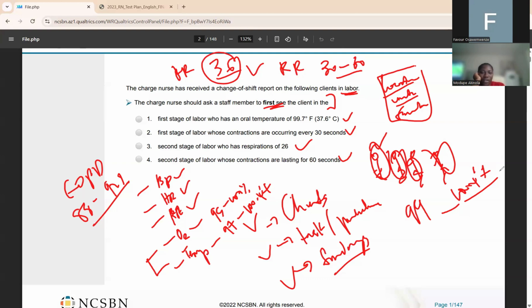Remember I said temperature is related to different things. We can see a patient has pneumonia, temperature is high. A patient returns from surgery, temperature can be high. A patient has meningitis, temperature is high. In order to be able to care for these clients properly, we need to know why the temperature is high based on the client's situation.